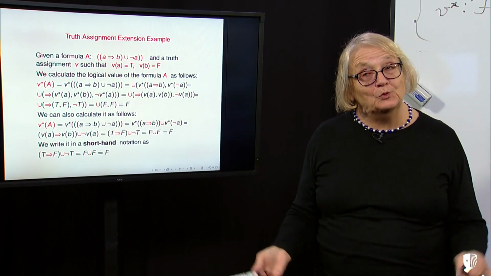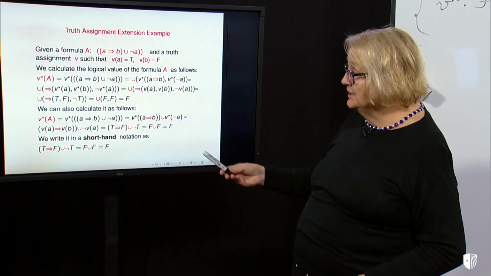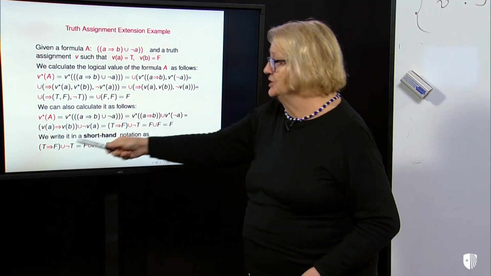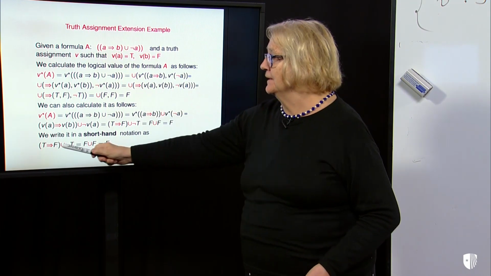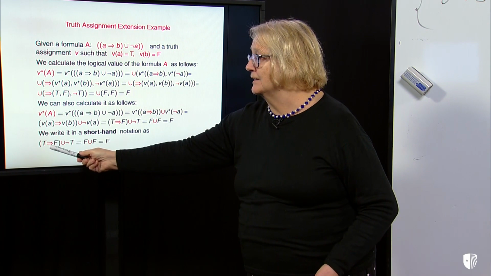But I let you use a shorthand notation. With the shorthand notation, you know that A is T, you know that B is F, and you immediately put in the connective.